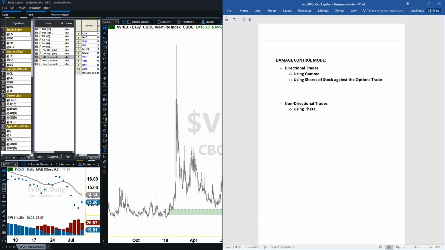That will produce the effect that we discussed last weekend when we did sharpening together, in the sense that your options will have a changing delta because of gamma, where the shares of stock against the options trade will have a fixed amount of delta that doesn't change because stock has fixed delta.